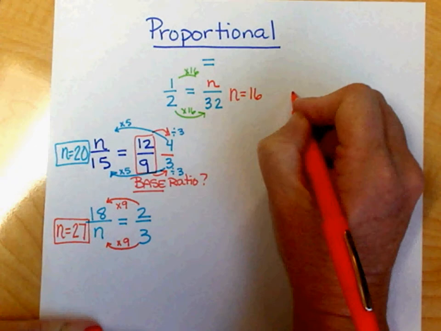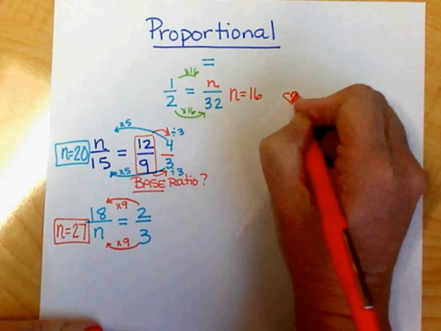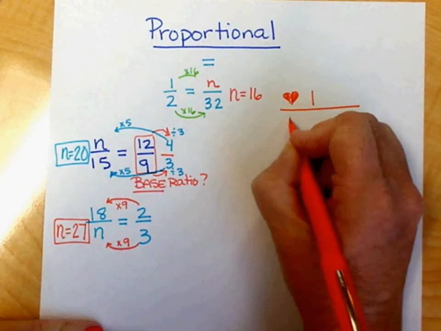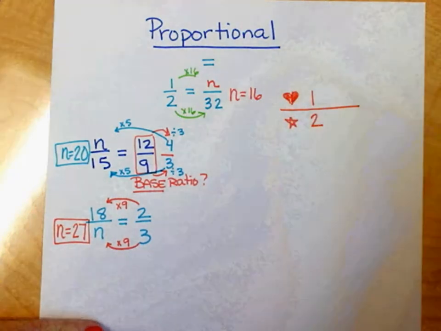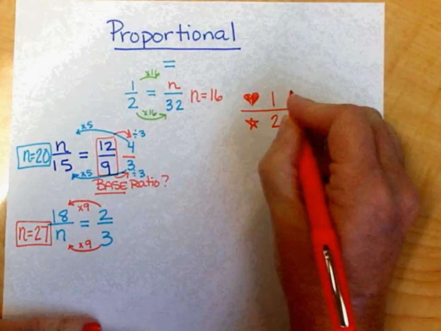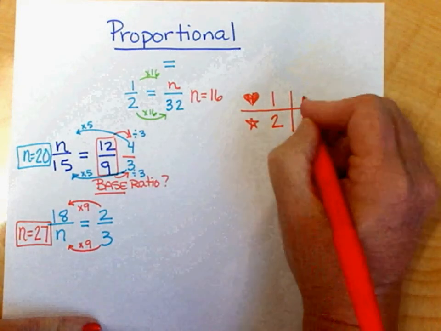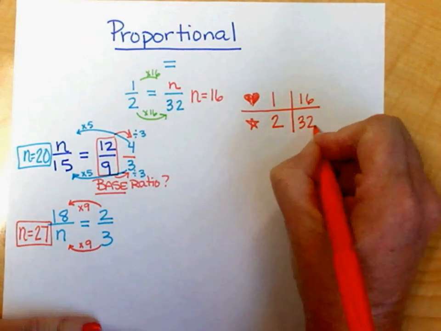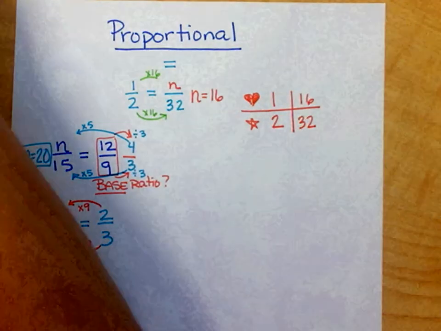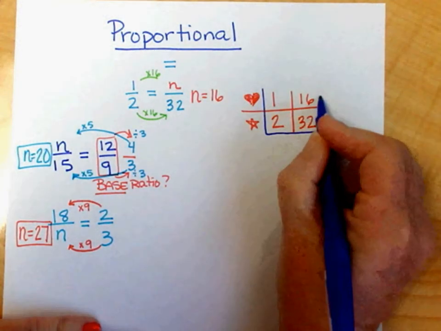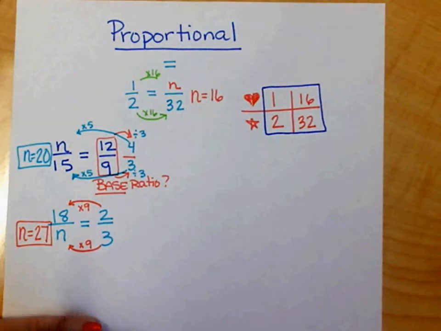If I had 1 part and 2 stars, and we said it was proportional to 16 over 32. This is a ratio table because I'm going to frame it. And it's proportional. And we've already solved that over here.